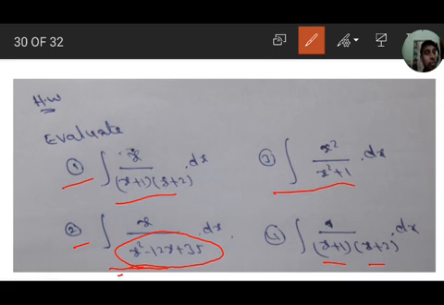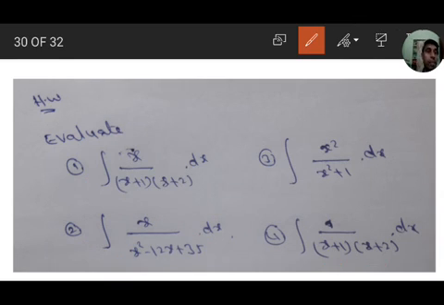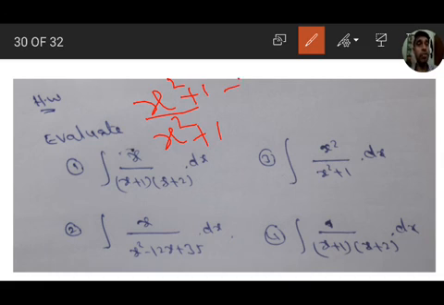In third problem, denominator power is 2, numerator power is also 2, means it is improper fraction, so we need to convert it into proper. Or another method, here x square by x square plus 1 is there, so we have to add and subtract 1 in the numerator, then separate.